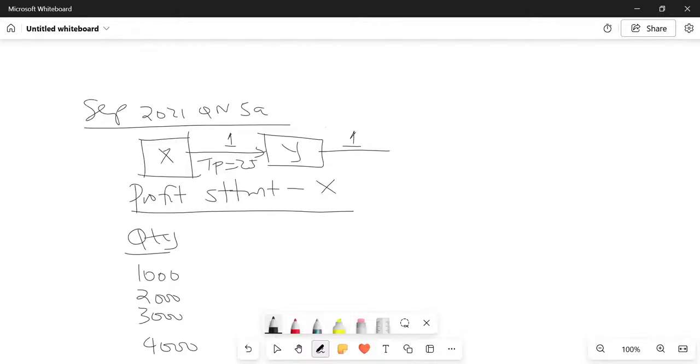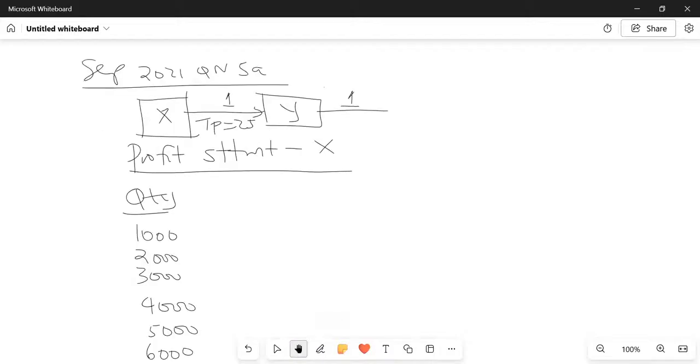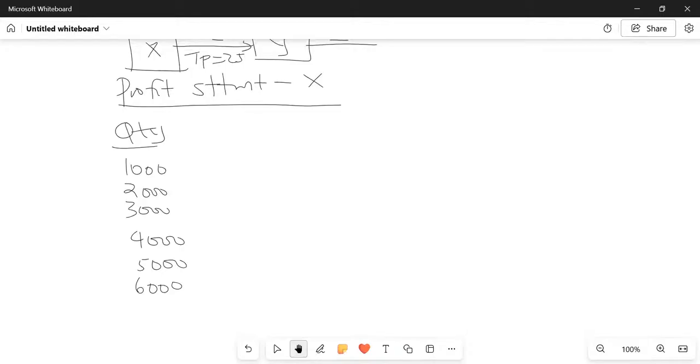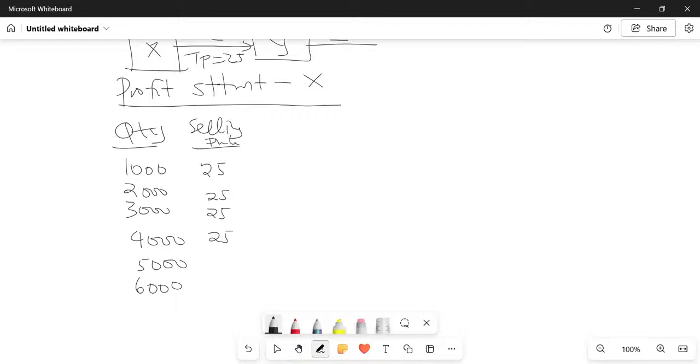So then give me a title where you give me the selling price. Selling price by X. The selling price by X is fixed. It is a transfer fee of 25. I will take 25 across regardless because it's per unit.